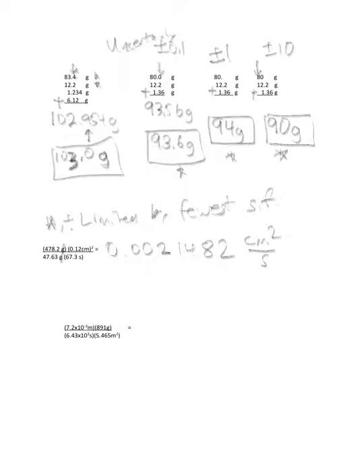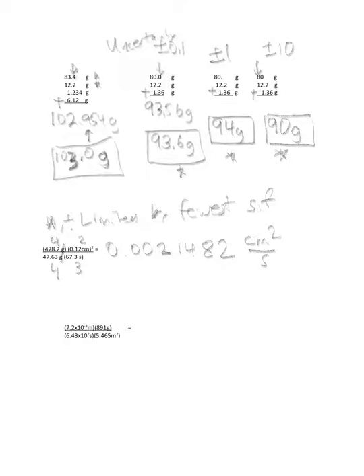But I have to have the right number of significant figures. The number 478.2 has 4 sig figs, 0.12 has 2 sig figs, 47.63 has 4 sig figs, and 67.3 has 3 significant figures. So the 0.12 centimeters is my number, the part of the problem with the fewest number of significant figures.